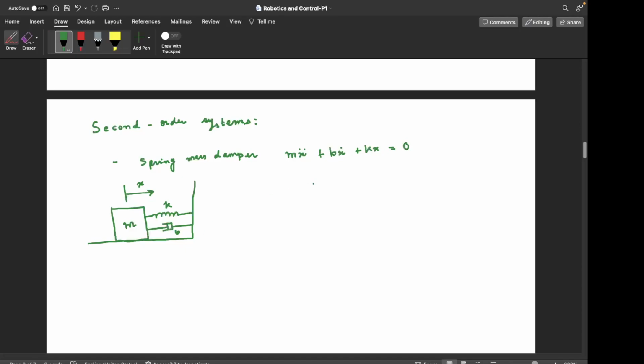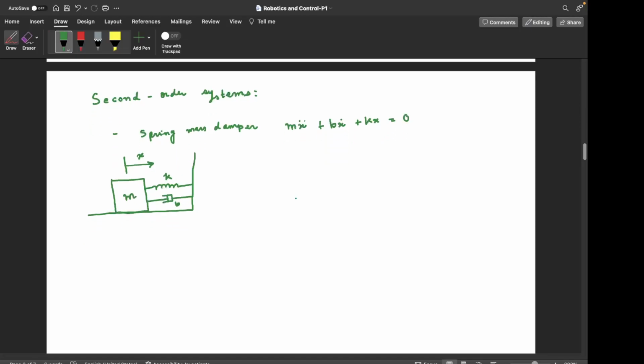So this equation mx double dot plus bx dot plus kx, how to find solutions for this equation, because basically that's what we are interested in, right? How the x evolves given these three parameters m, b and k.